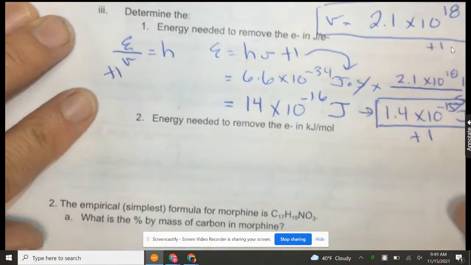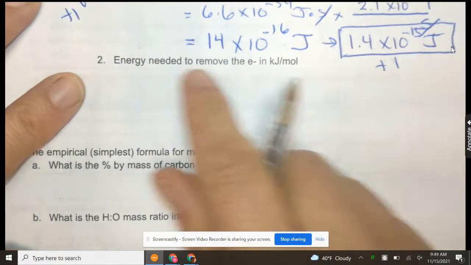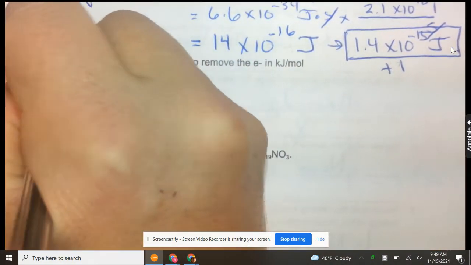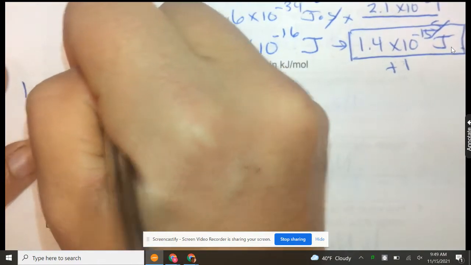This is going for this calculation, converting this into kilojoules per mole. First to kilojoules.